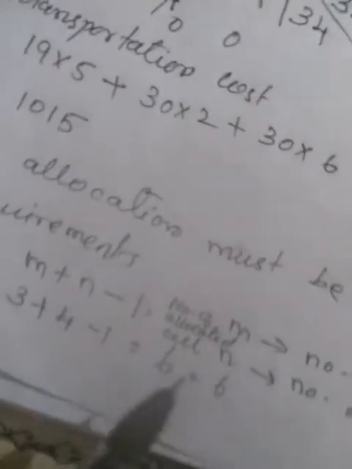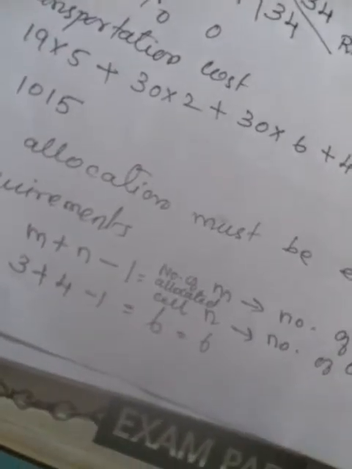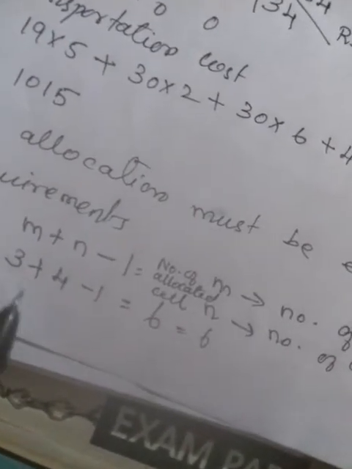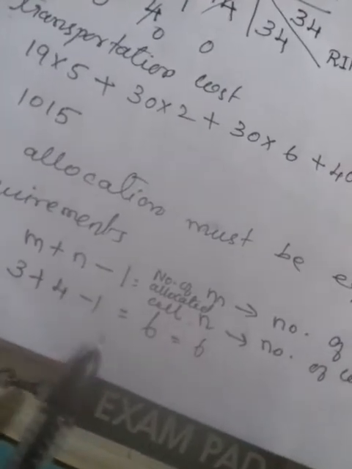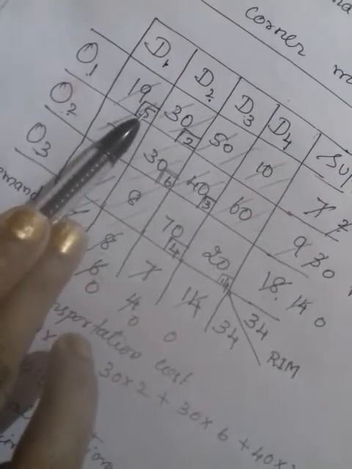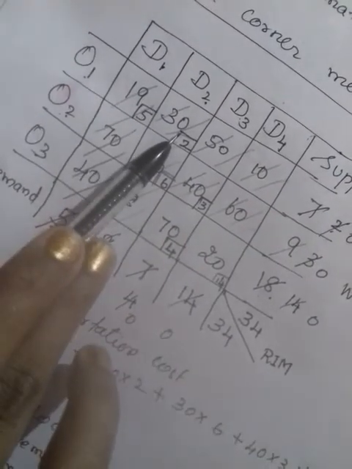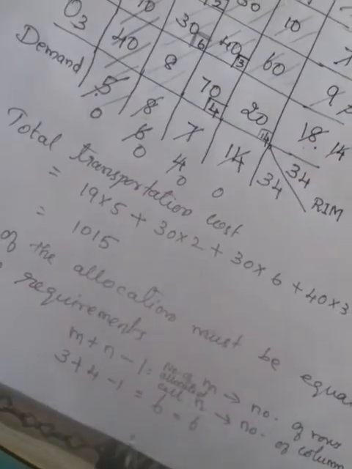Is it clear? So m is the row and n is the column, and minus 1 you will get 6, and you have to count the number of allocations: 1, 2, 3, 4, 5, 6. Both are 6, isn't it?